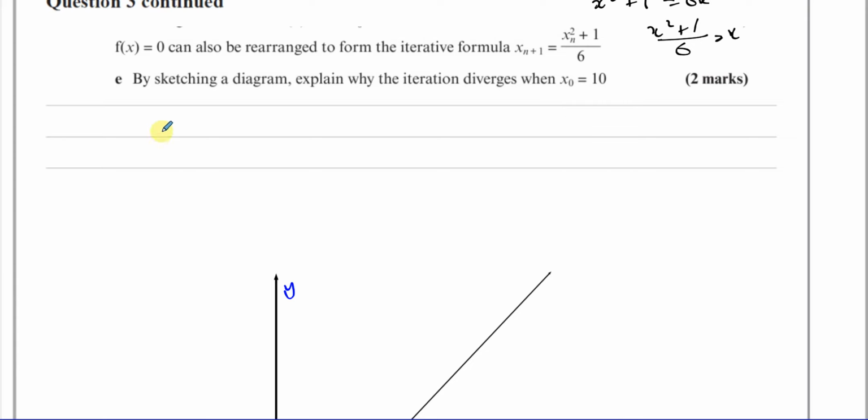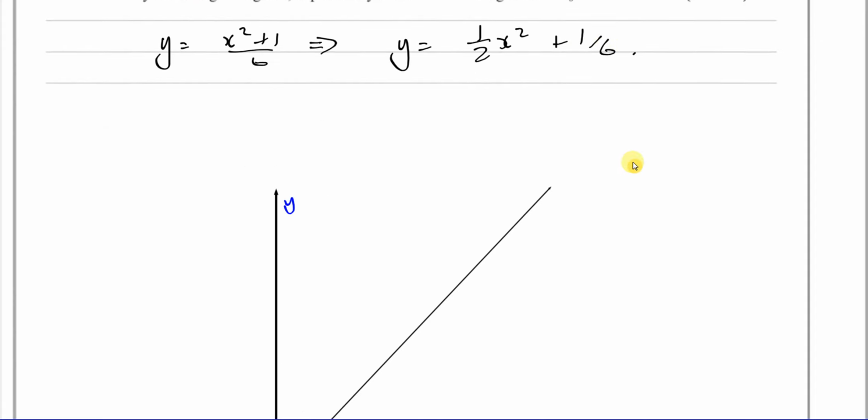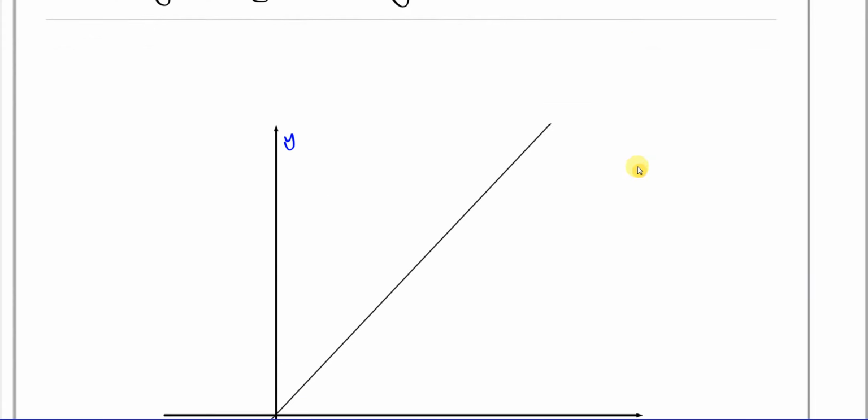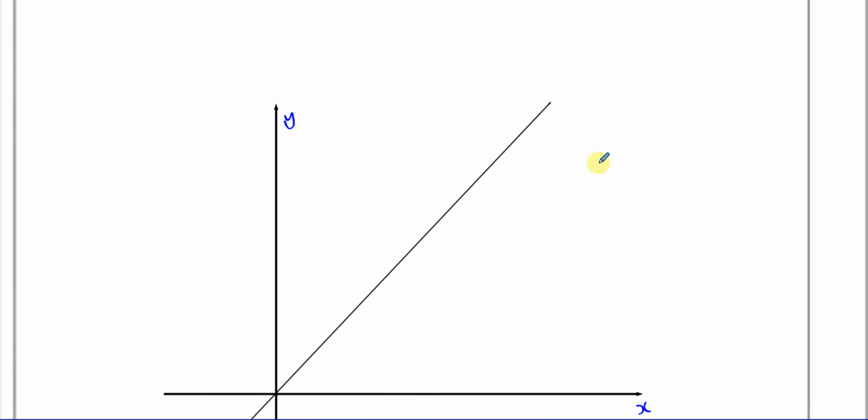So we've got to draw the graph of y equals (x squared plus 1) over 6. If I rewrite this slightly so it's a bit easier to deal with, we can see that this is going to be a graph which is going to pass very close to the origin. Over here 1/6 is going to be its vertex.